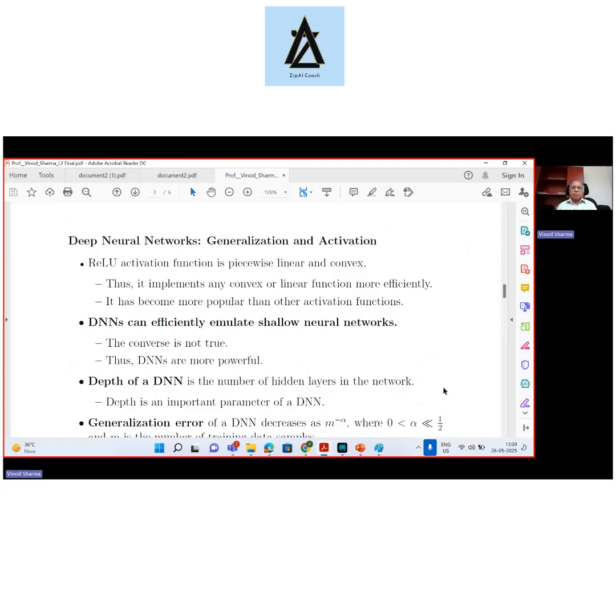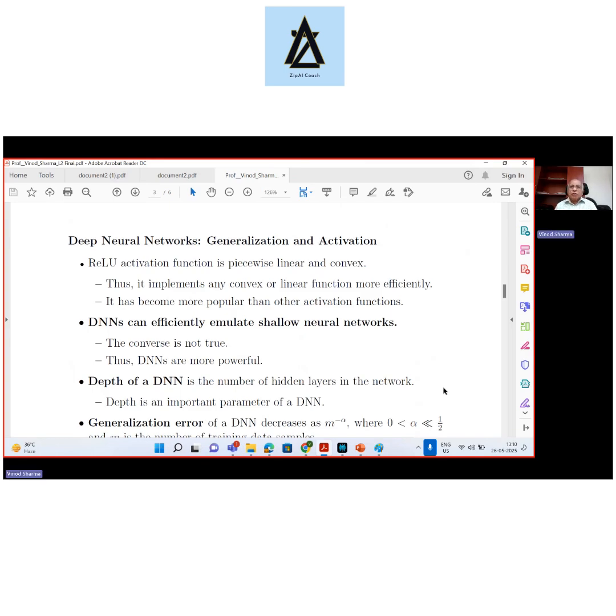And since most general piecewise continuous functions can be better approximated by convex and linear functions than, for example, the piecewise constant function that we took above, if we use ReLU activation function, it can more efficiently implement these functions from Rn to Rm. And this is one of the reasons ReLU has become more popular than the other activation functions.